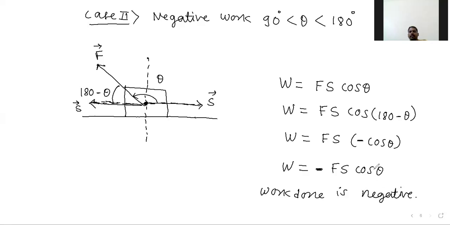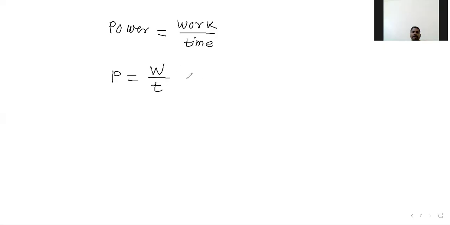Now we have to observe the formulas for power. Basically, the formula for power is the ratio of work done by a body to the time taken. So power is work upon time. In notation, power P is work W upon time t.